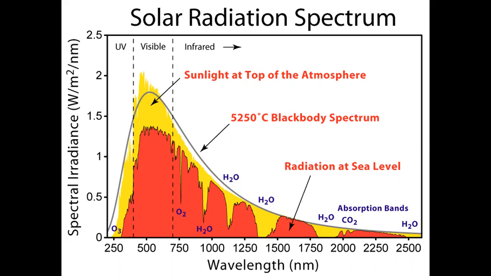In this picture, you can see the yellow area. In yellow, there is the spectrum of solar radiation at the top of the atmosphere. If you look from a spaceship at the sun and measure the radiation approaching our planet, you will see this yellow light. The most intensive radiation is in the visible part, especially the yellow part of the spectrum.